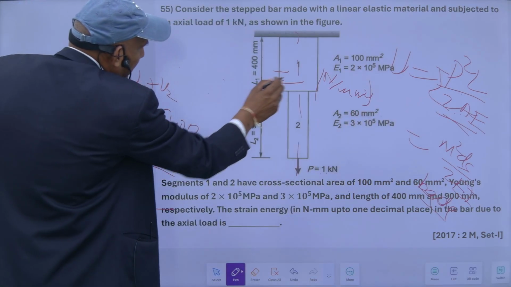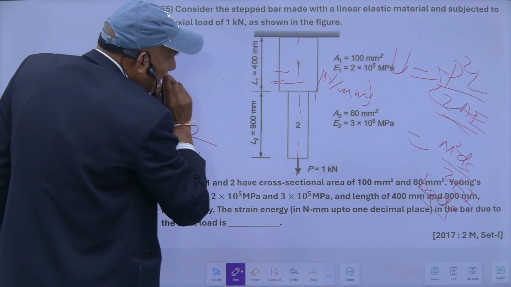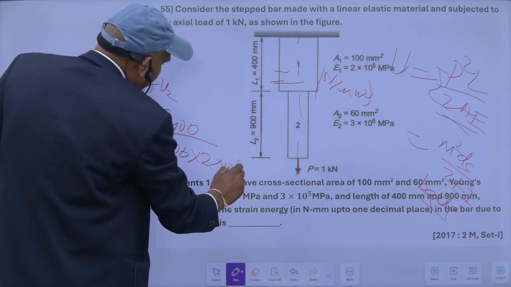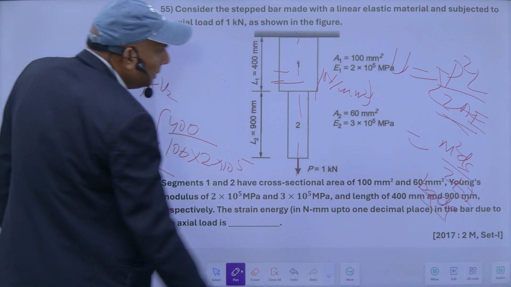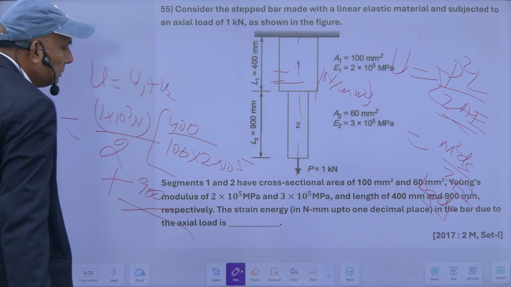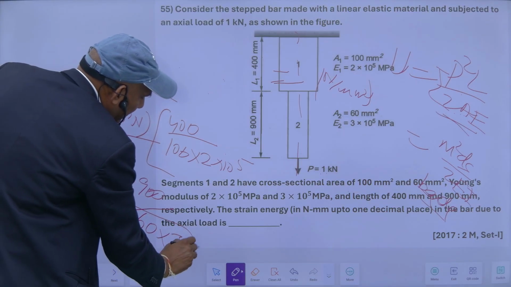So L1 is 400 divided by A1 into E1, which is 100 into Young modulus 2 into 10 raised to the power 5, plus L2, 900, upon 60 into 3 into 10 raised to the power 5.